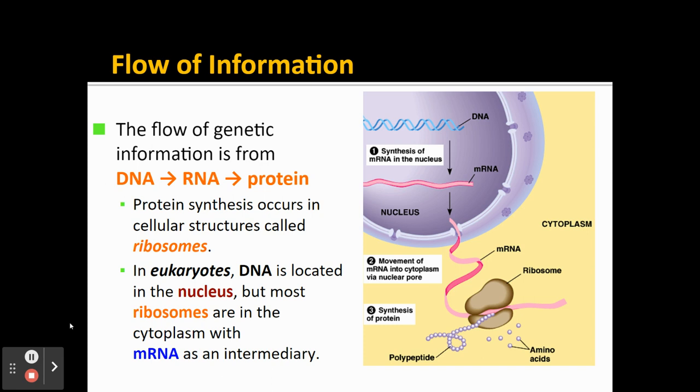But anyways, the flow of information is from DNA stored in the nucleus in eukaryotic cells to RNA in the form of messenger RNA, which carries the message, the instructions for building a gene, out to the site where the genes will be turned into a protein, and that will be a ribosome, which would be in the cytoplasm of a eukaryotic cell.